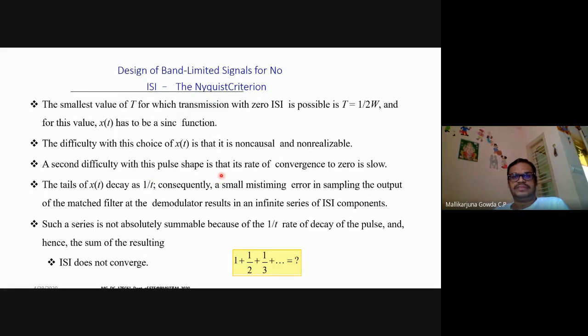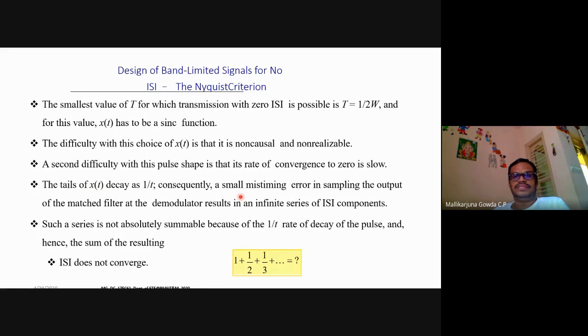The second difficulty with this pulse shape is that its rate of convergence to 0 is slow. Means it is decreasing, no? At what rate? It decreases at a rate of 1 by t. So the tails of x of t decay as 1 by t.